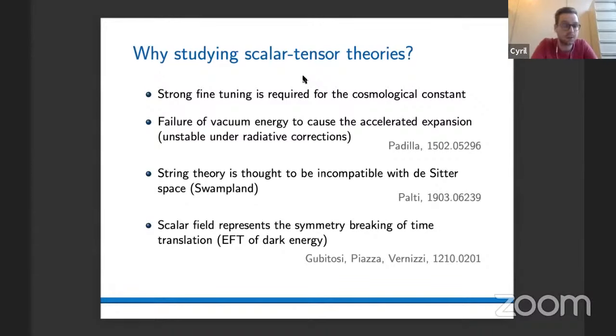A second reason connected to the first one is the failure of quantum field theory to describe accelerated expansion using vacuum energy. You can calculate the effect of vacuum energy on space-time, and it would behave as a cosmological constant, but this one would be too large.